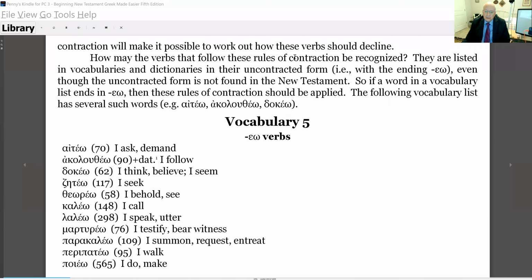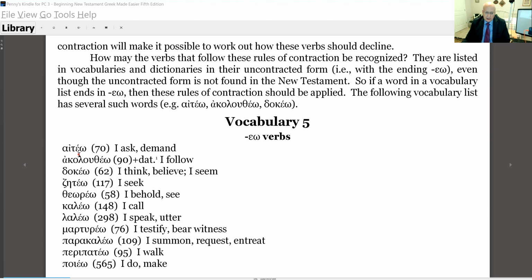I want to do just a brief review, and you might want to turn in your textbooks to the end of chapter 5, where we left off. At the end of chapter 5, you have this vocabulary, and you have several words that we classify as epsilon omega verbs. That is, their stem ends in a vowel, epsilon.